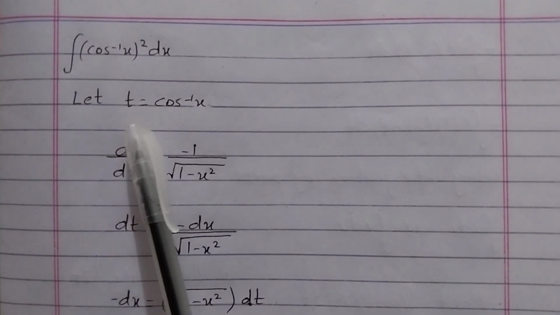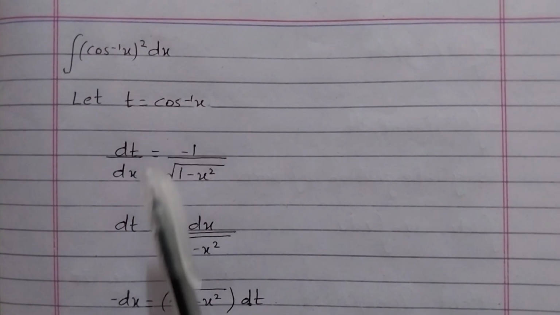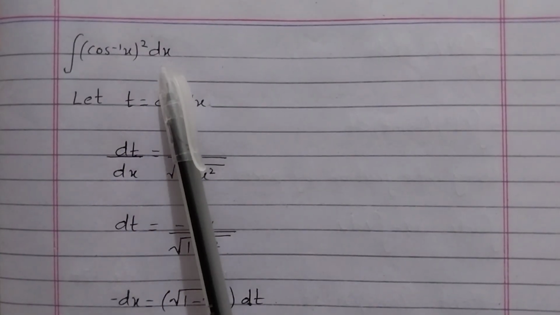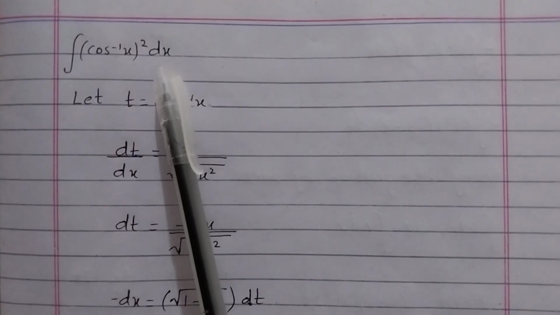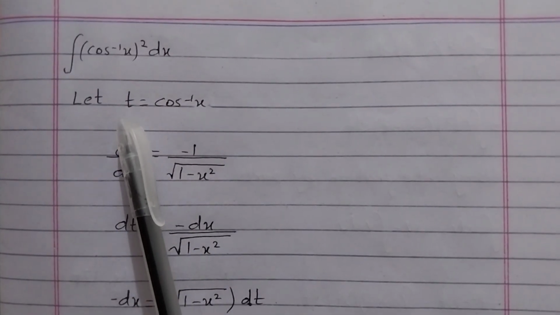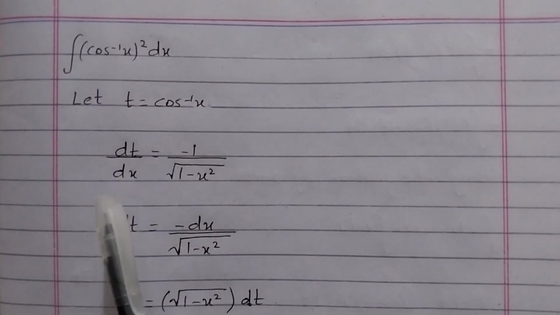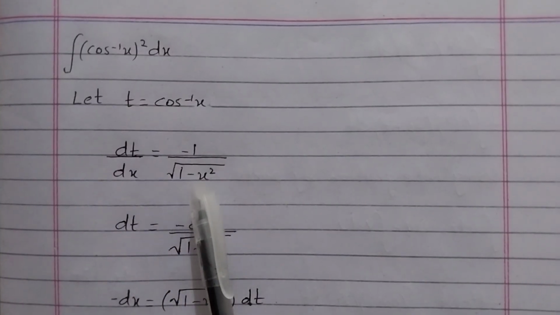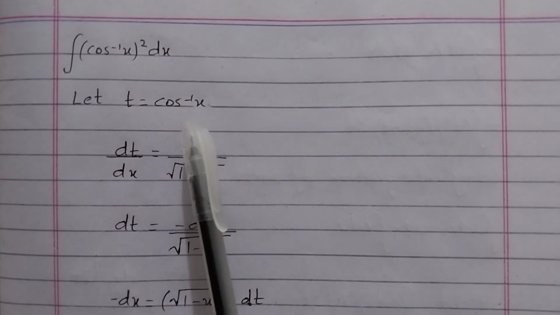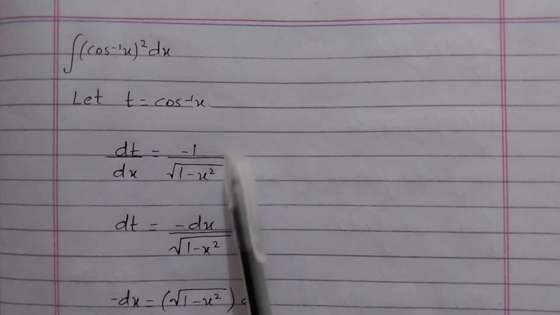So I'm calling cos inverse of x as t, and we need to replace dx in terms of t. So we need to take the derivative of t with respect to x. That becomes dt over dx is equal to minus 1 over square root of 1 minus x square, because cos inverse of x has this derivative.